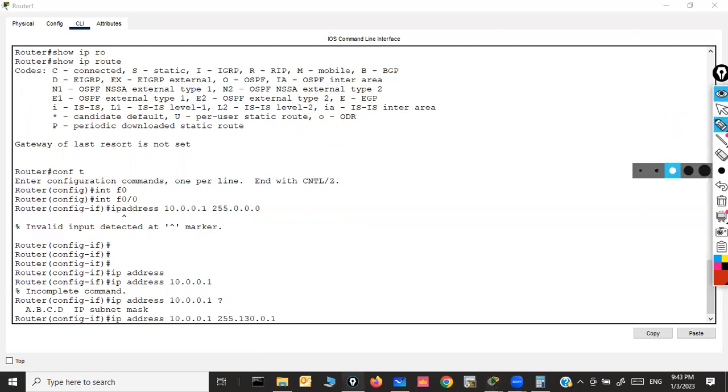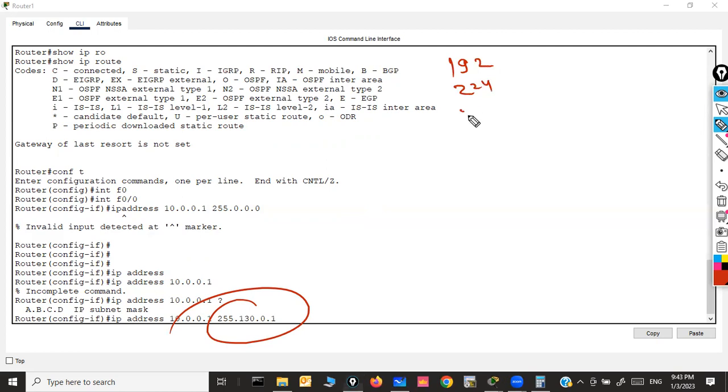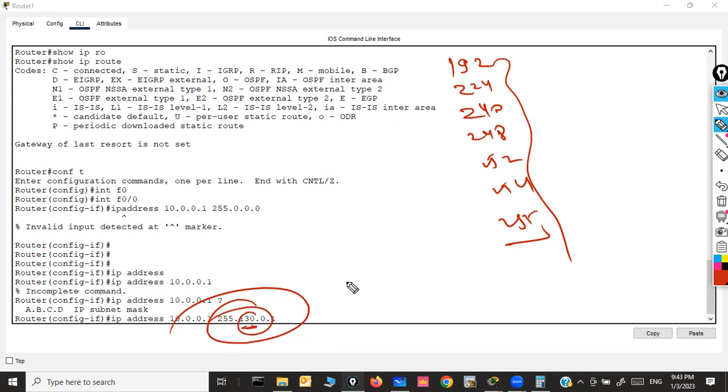Because you understand whenever you do binary to decimal computation, the subnet mask value would be either 192 or 224, or maybe 240 also possible, 248 possible, 252, maybe 254, 255, all possible. But 130, no, never, right?